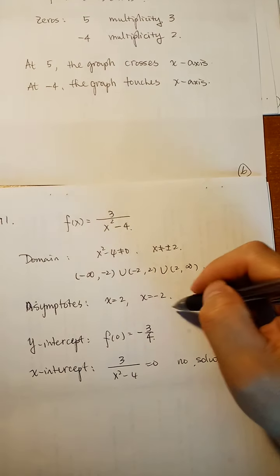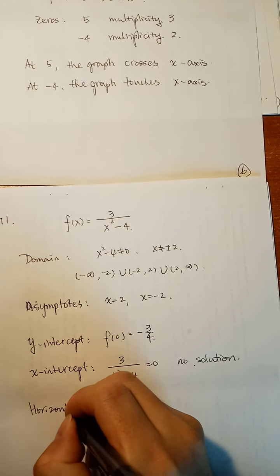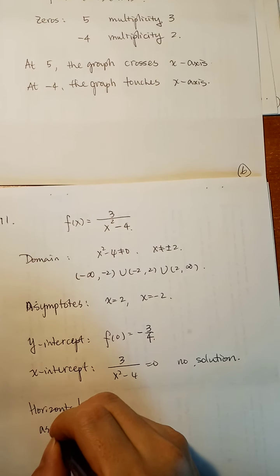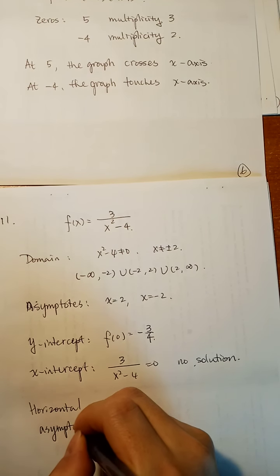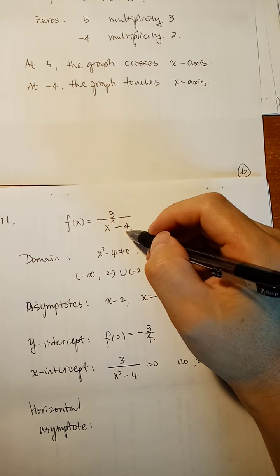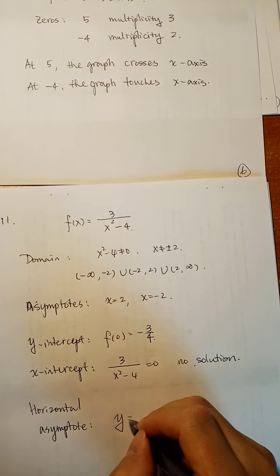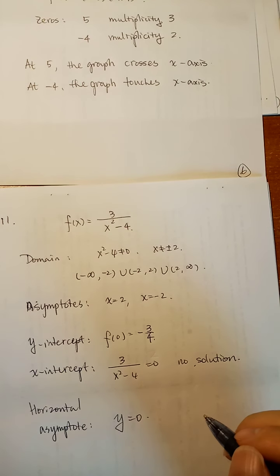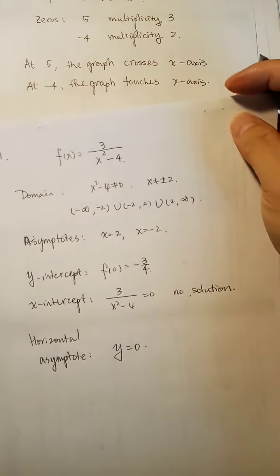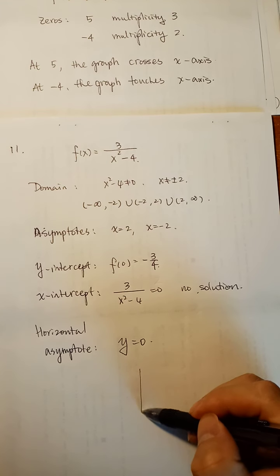Okay, and the horizontal asymptote. Here is the vertical asymptote, and now the horizontal asymptote. Because the degree of the numerator is less than the degree of the denominator, the horizontal asymptote is y equal to 0. Okay, so we have almost all the information we need. Let's sketch it.